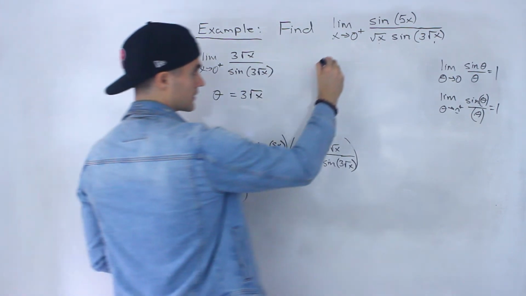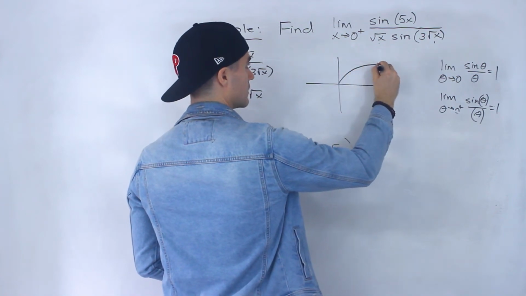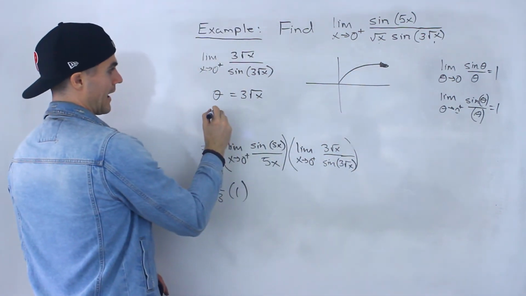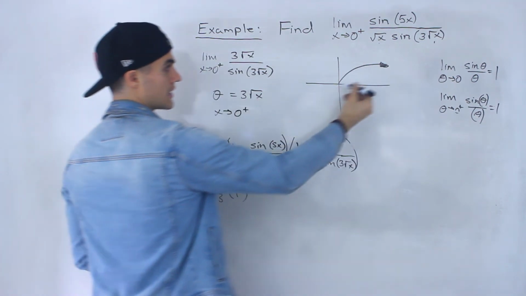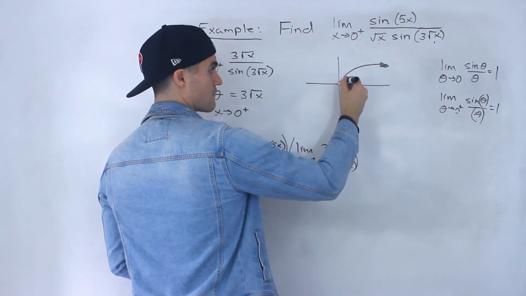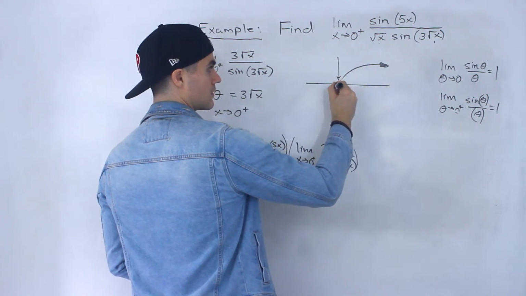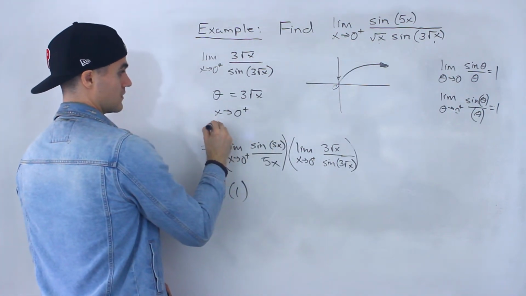How does this look like? Well, 3 root x, it basically looks like that. So what happens as x approaches 0 from the positive side? Well, as x approaches 0, notice the y values are approaching 0 from the positive side as well.